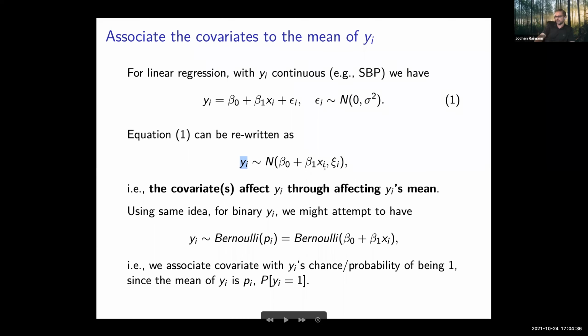Using the same idea for a binary yi allows us now to use, instead of the mean of yi as in a linear regression, a Bernoulli distributed probability pi. And the probability pi is the probability of an event. How to think of that?